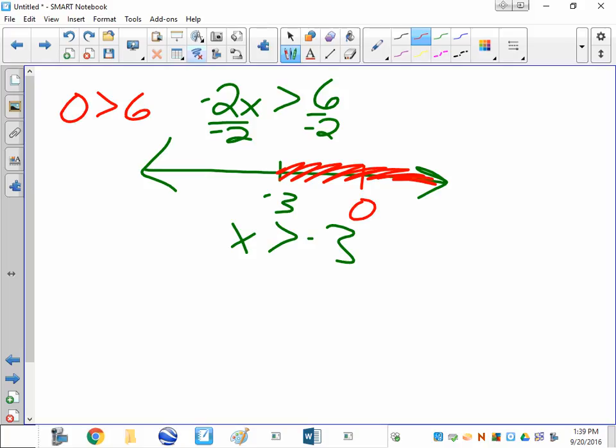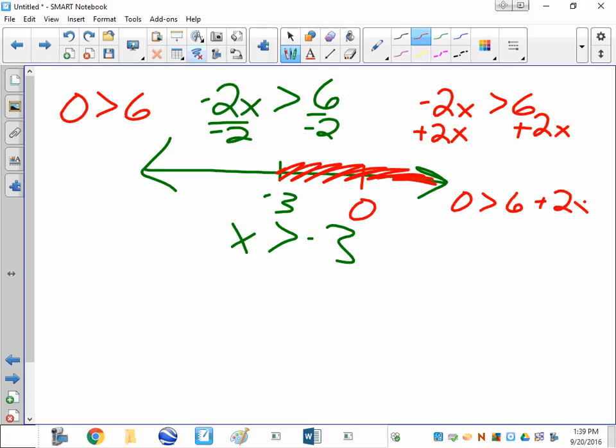Here's the problem. Let's say I don't like negative numbers. So I'm going to add 2x over there, and I get 0 greater than 6 plus 2x. Now I subtract 6. Negative 6 greater than 2x, and I divide by 2. Now I have negative 3 greater than x.